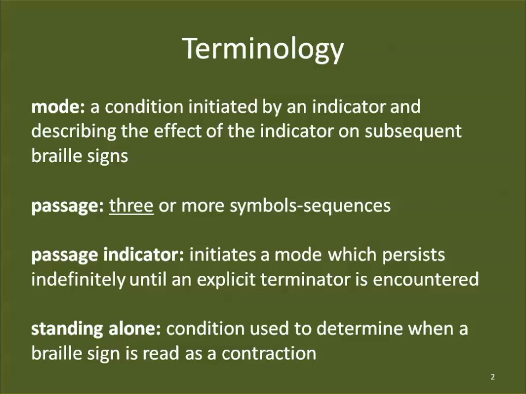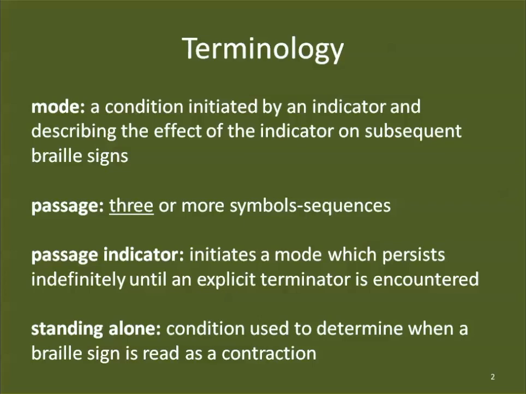So, for instance, we would have the double italic indicator, and then we would put the single italic indicator on the last word of the passage, and it had to be more than 3 words. In UEB, it starts with 3, so we're starting earlier. We're making a passage a smaller chunk of information: 3 or more symbol sequences, not just words like they were in EBAE. It's symbol sequences.